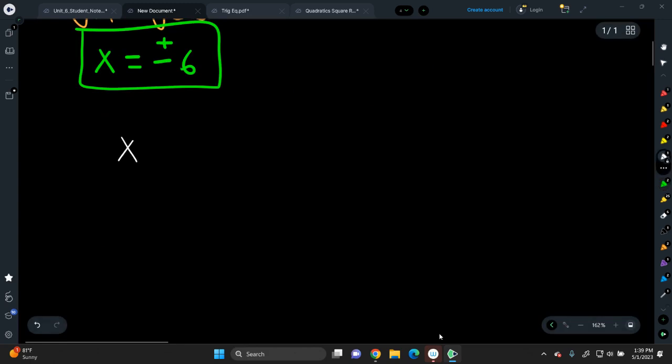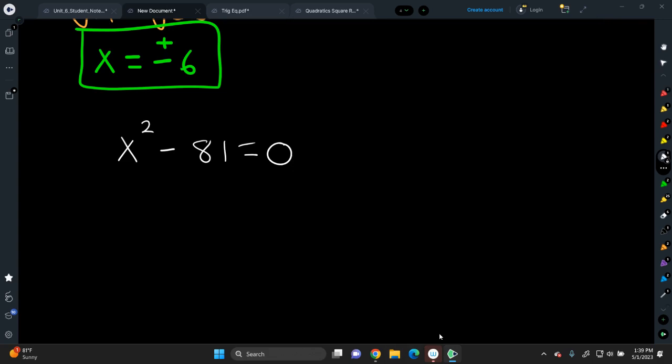Let's look at another one. How about x squared minus 81 equals 0? What's the b equal in that equation? 0. Since the b is equal to 0, we can solve this using the square root method.